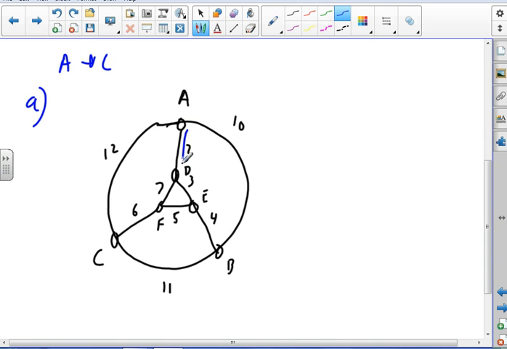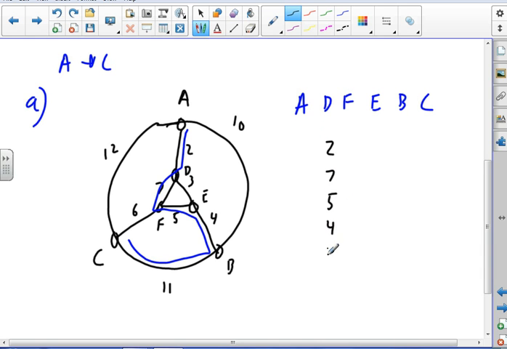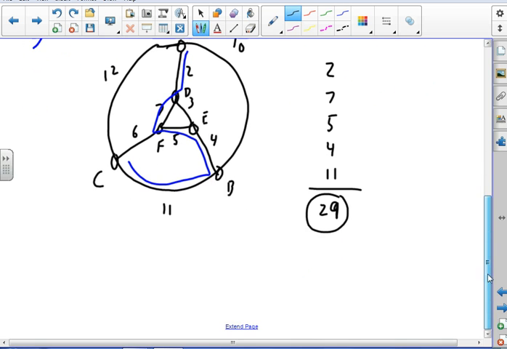Okay, so my path is A, D, F, E, B, C. My weights are 2, 7, 5, 4, 11. That's 29. All right, so now I have a Hamilton path with a weight of 29. Problem A solved.